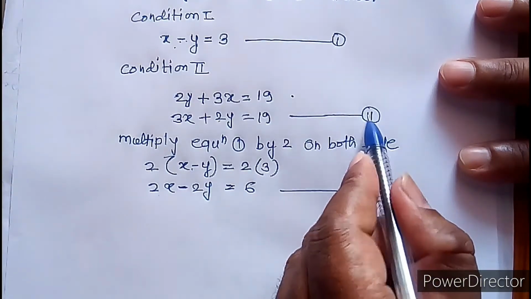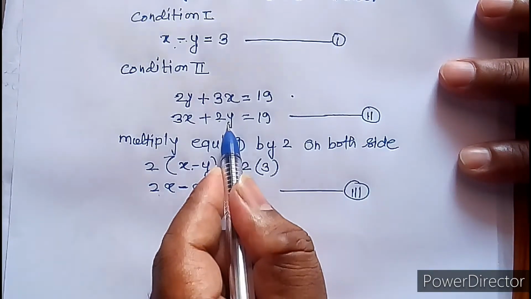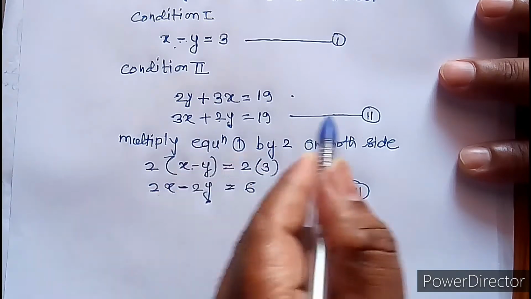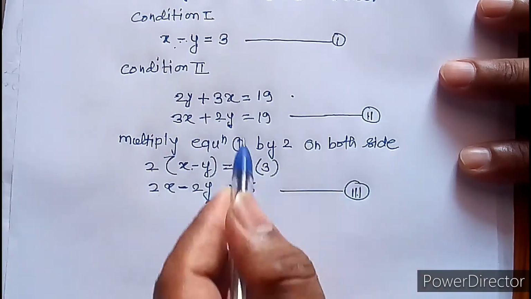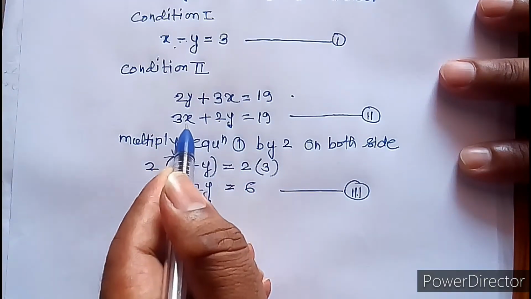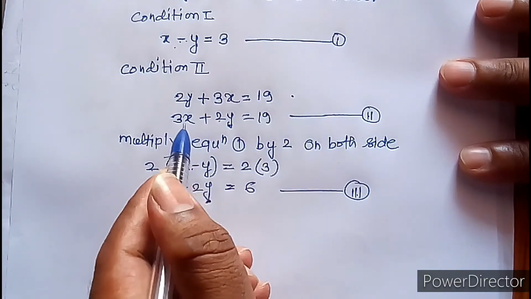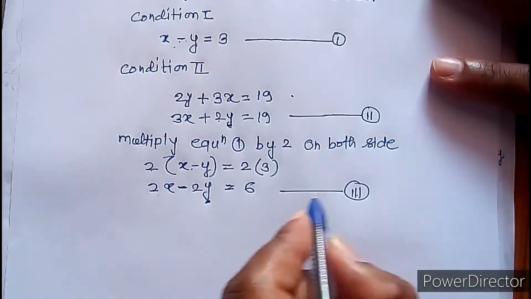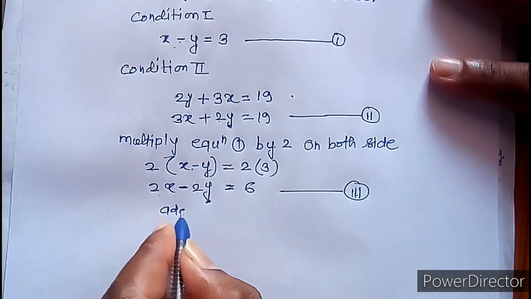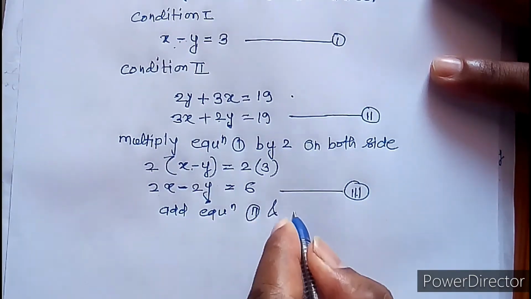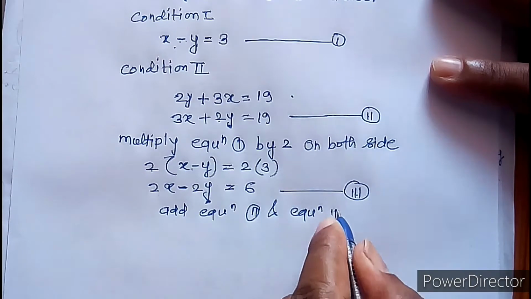Now in equation 2 and equation 3, the coefficient of y is plus 2 and minus 2. If we add equation 2 and equation 3, the 2y gets cancelled and y will be eliminated. We will get the value of x, and by getting the value of x, we can easily find the value of y.